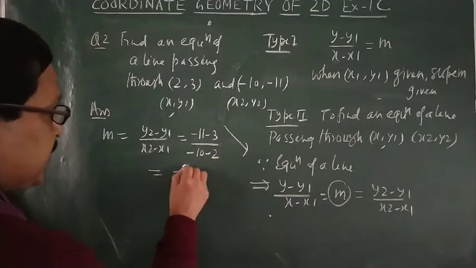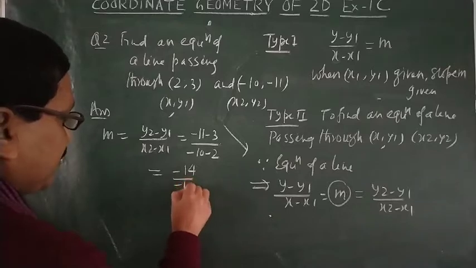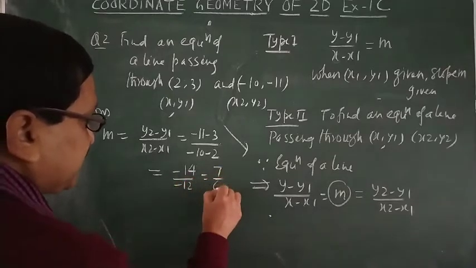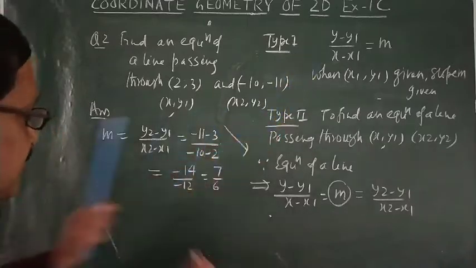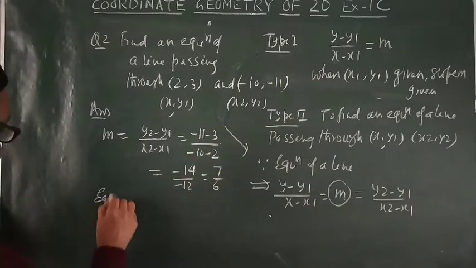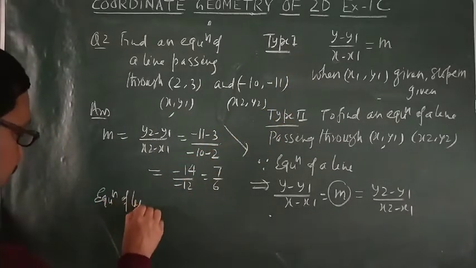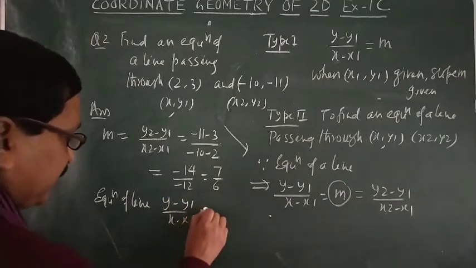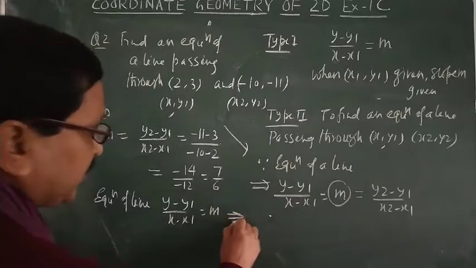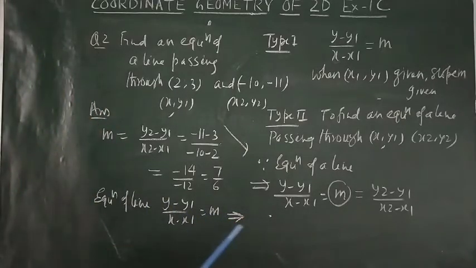This is minus 14 by minus 12. This is 7 by 6. So the equation of line can be written by type 1: (y minus y1) by (x minus x1) is equal to m. Now put the value and get the answer.